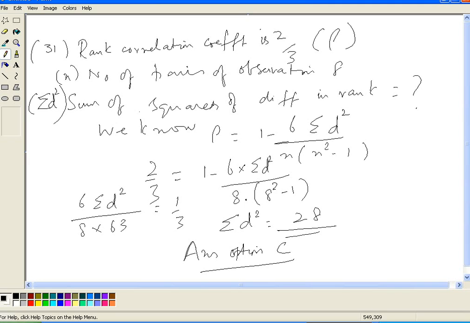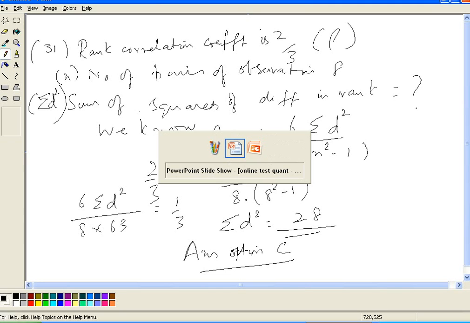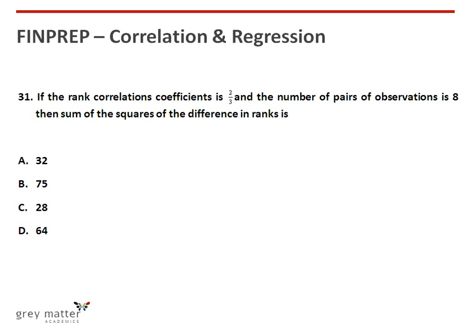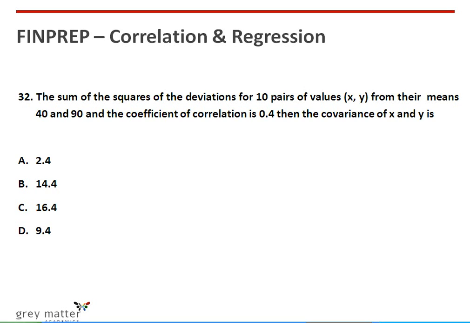We know rho equals 1 minus 6 sigma d squared by n into n squared minus 1. Substituting the appropriate values, rho equal to 2 by 3 and n equal to 8, we can find sigma d squared equal to 28. So the option is C. Going to our PowerPoint presentation, it is option C, which is 28.